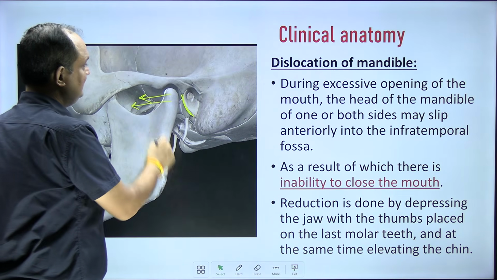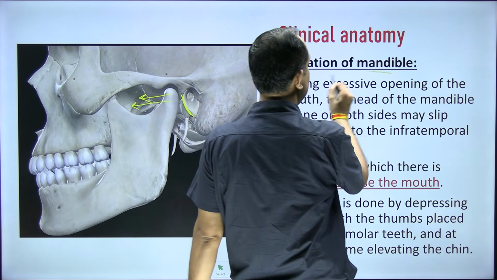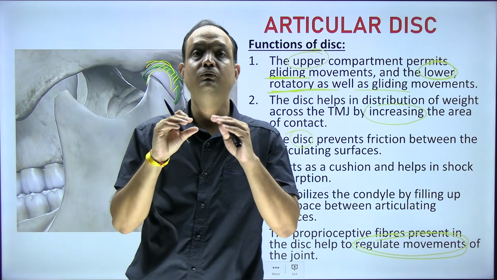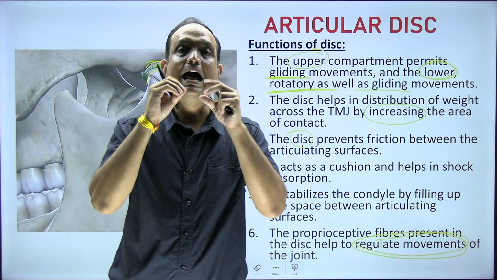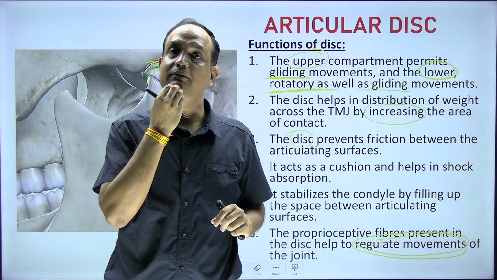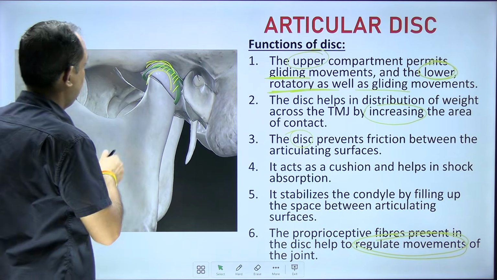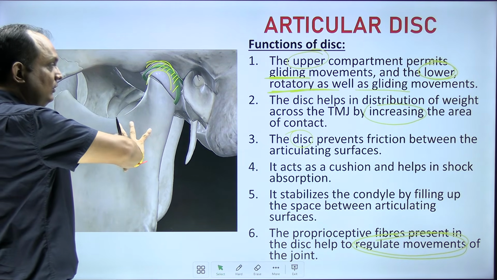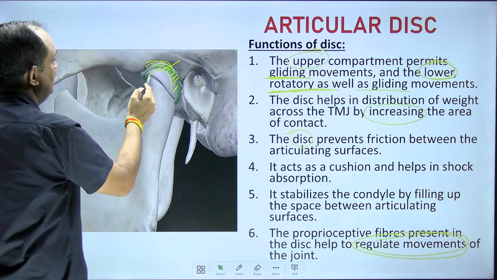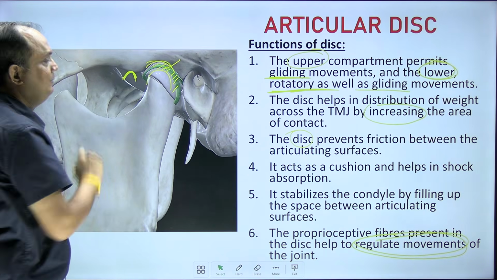And this anterior dislocation occurs when there is already an excessive opening of the mouth. That means if a person is doing very forceful yawning, with excessive opening of the mouth, and somebody hits the chin, what happens? During the yawning, the head has already come out from the articular fossa and is below the articular eminence.